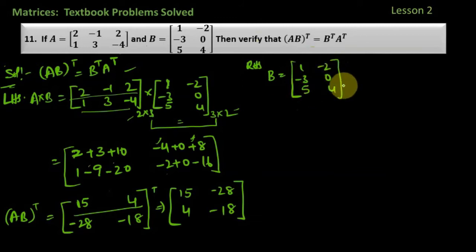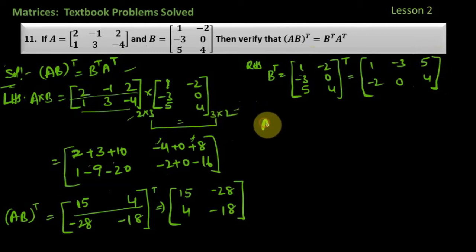We will find the transpose of this. Transpose means rows will become columns, right? So this will become 1 minus 2 minus 3 0 5 4. So this is the B transpose value.